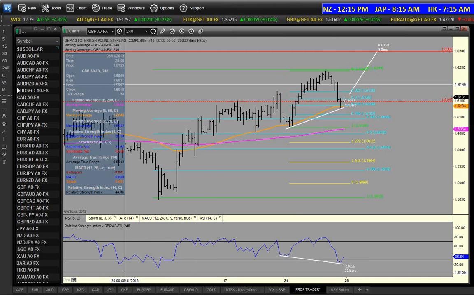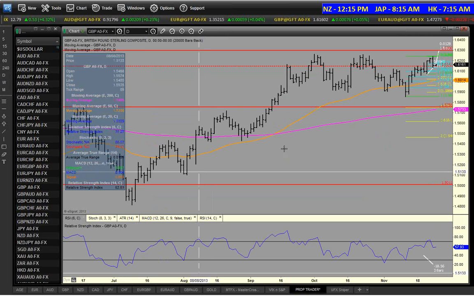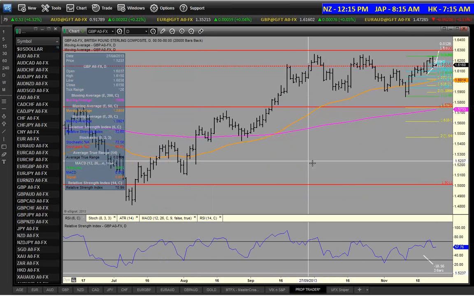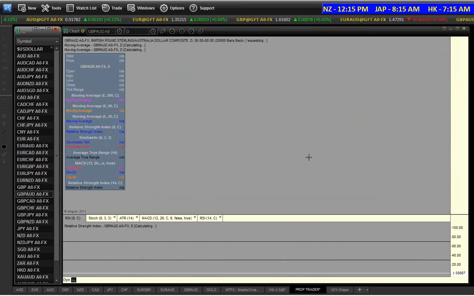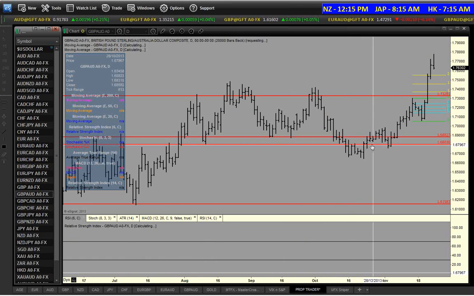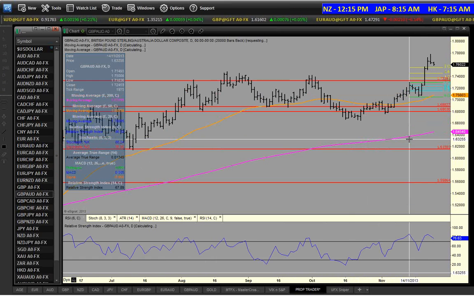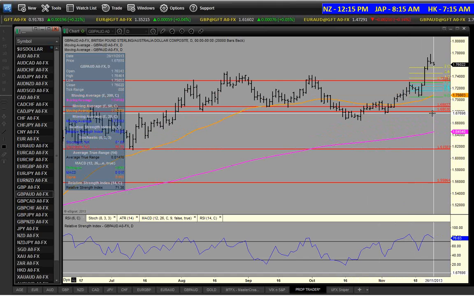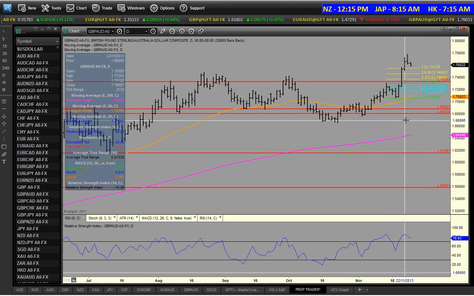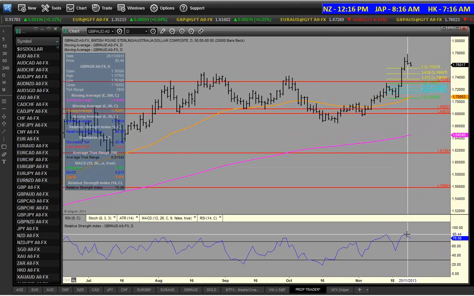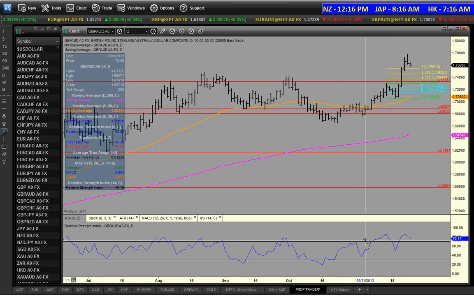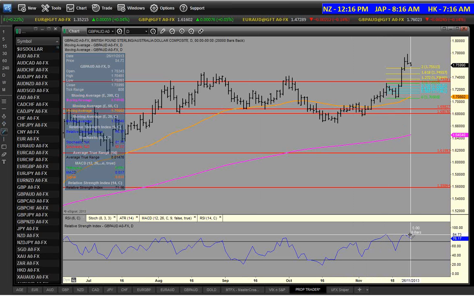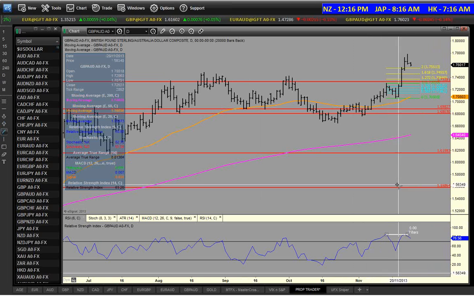So you can see that the 4-hour process is the same as the daily. You just got to have a good strong trend going in the daily before you start looking at the lower time frames. Well and truly in the sell zone for phase 2. Phase 2, you've got class C divergence. Yep.